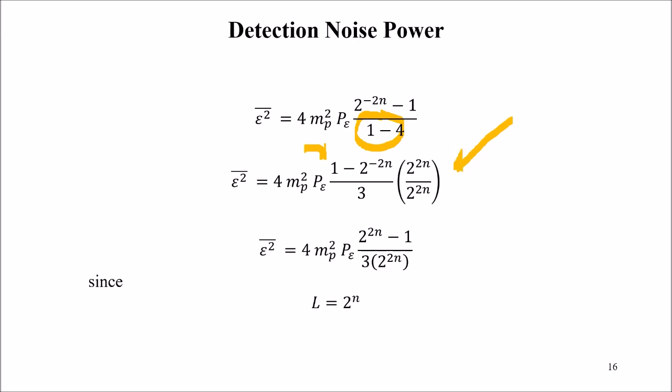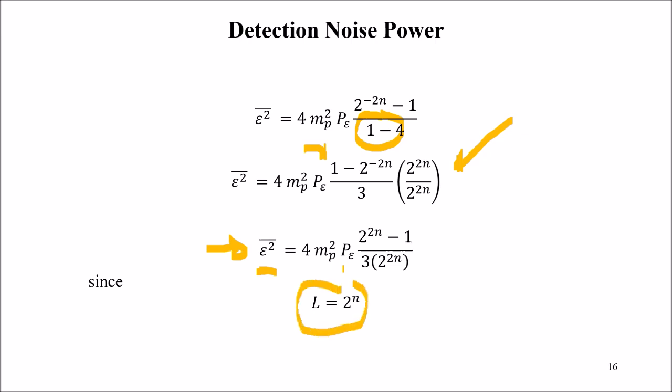And now pulling an algebra trick, multiplying and dividing by the same value, we come up with the detection noise power equal to 4 times mp squared times the probability of a bit error. And then I have this fraction, 2 to the power 2 times n, all of that minus 1 divided by 3 times 2 to the power of 2 times n.